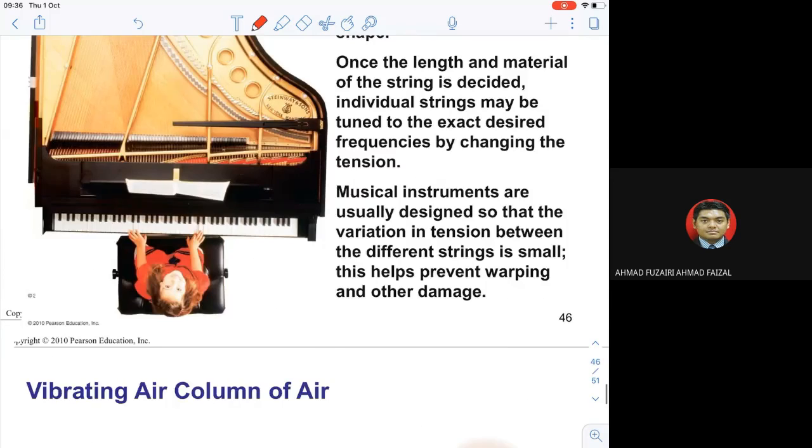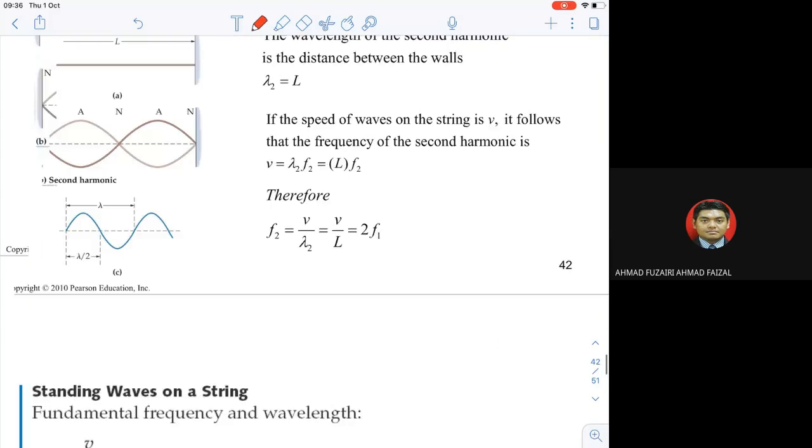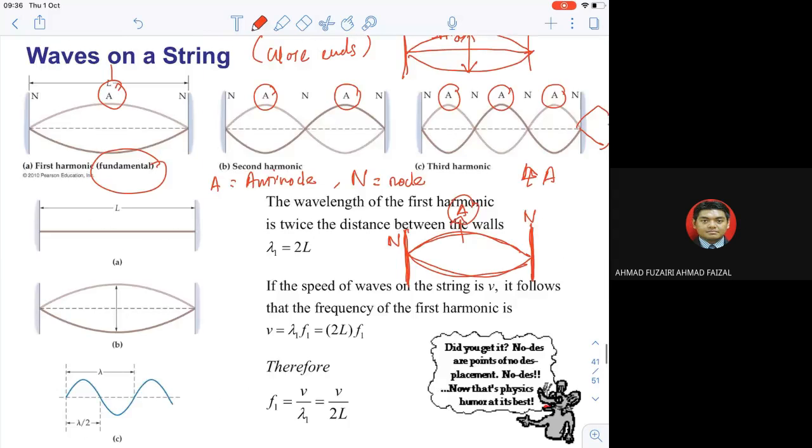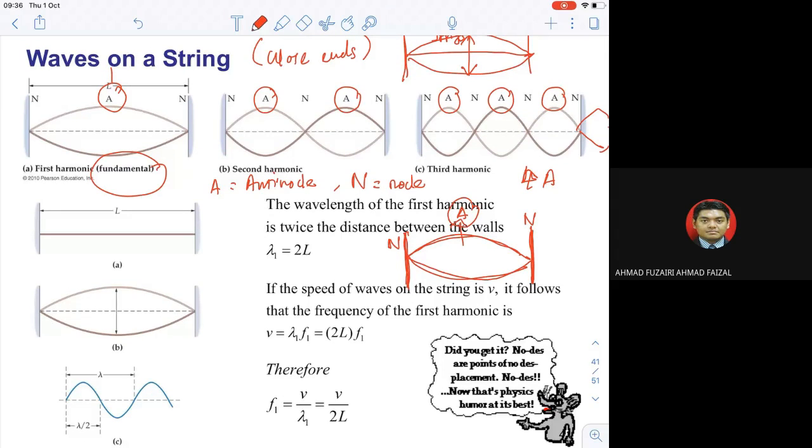Now we go back to the wave on the string. Refresh back: the wavelength of the first harmonic is twice the distance between the walls. That means when the string length is L, when you do a standing wave, you have 2L.